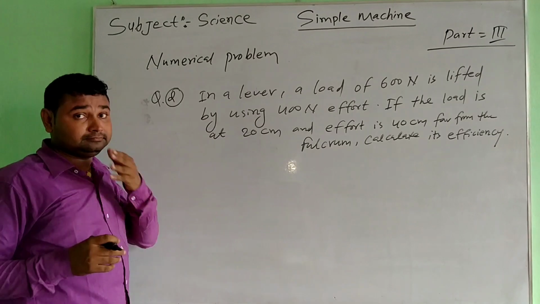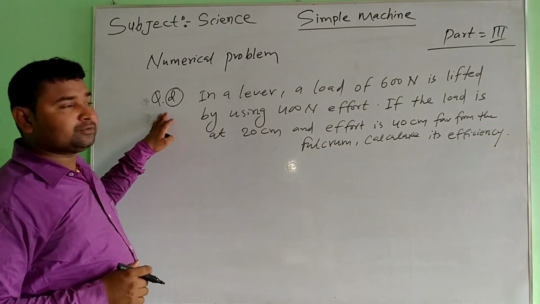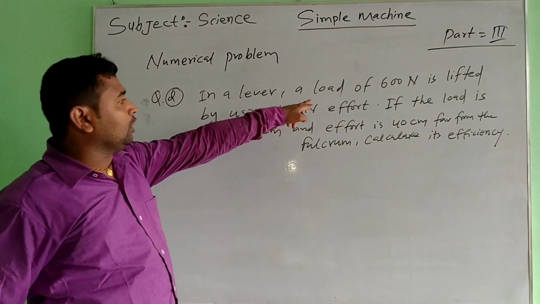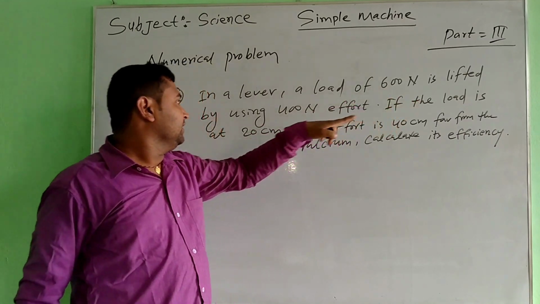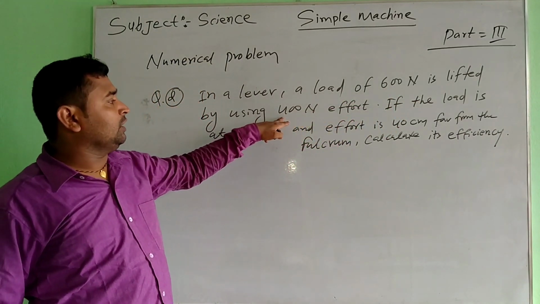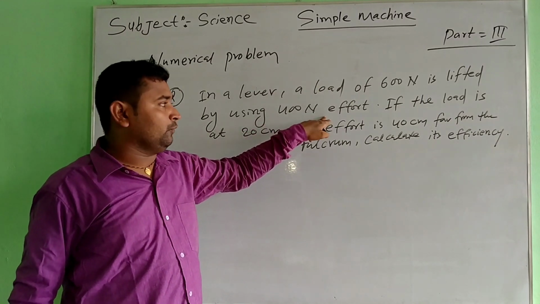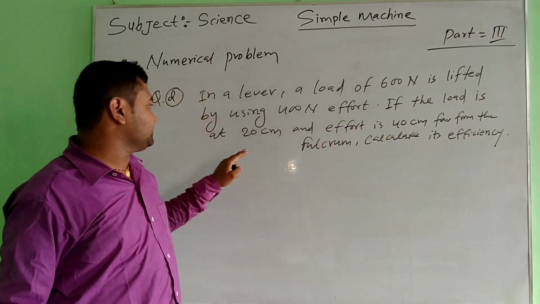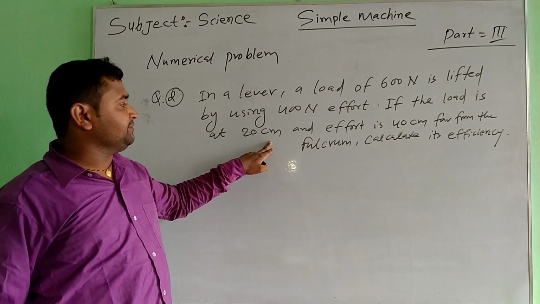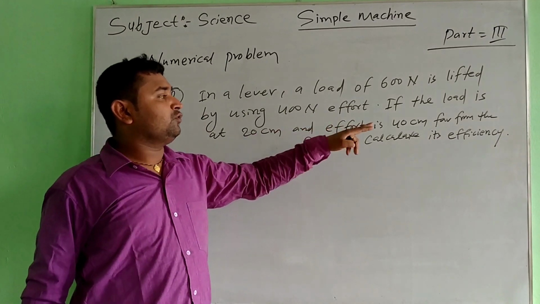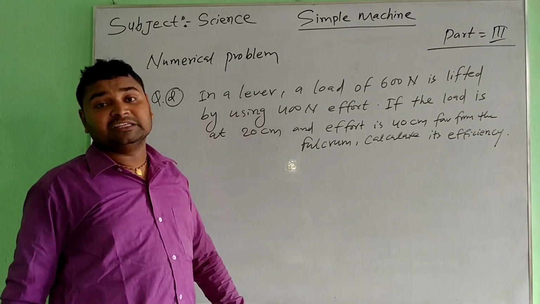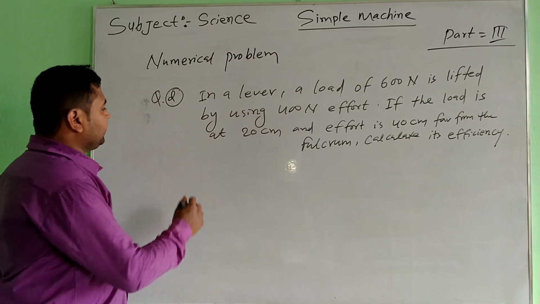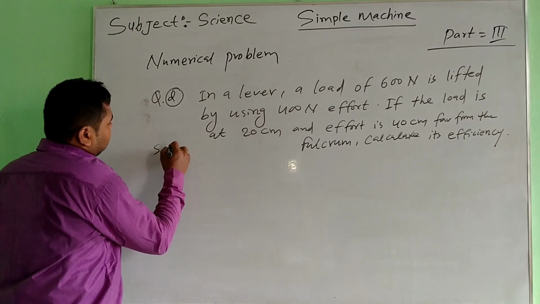Now the second question. In a lever, a load of 600 Newton is lifted by using 400 Newton effort. If the load is at 20 centimeter and effort is 40 centimeter away from the fulcrum, calculate the efficiency. What do we have to calculate here? Efficiency.